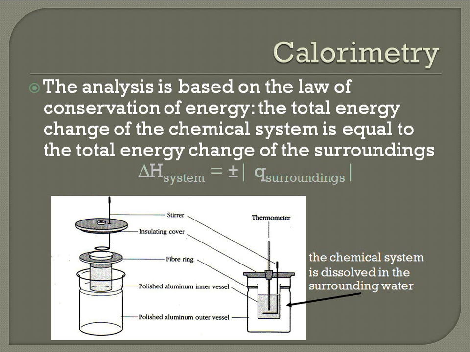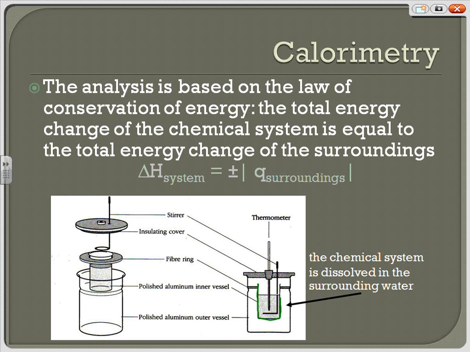If you look at how a calorimeter is set up, you can see that it's insulated, and inside this little vessel is where the chemical reaction happens, and that's where the thermometer is inserted so we can see the temperature change. When your reaction happens, it changes the temperature of the water it's occurring in. We can measure that change in the water, and use that to determine how much energy is being absorbed or released.